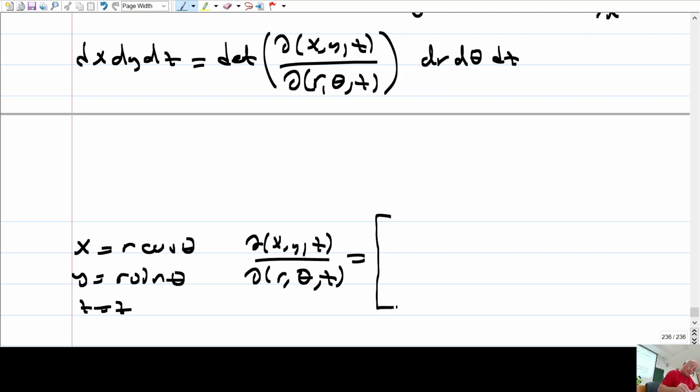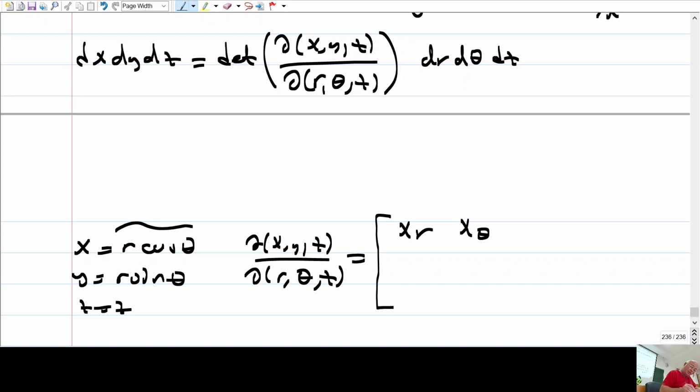X, Y, Z'nin R theta Z'ye göre türevi. Derivative of this with respect to r is just cos theta. Derivative of this with respect to theta is minus r sine theta. Derivative of x with respect to, yani bunu şöyle yazayım isterseniz.